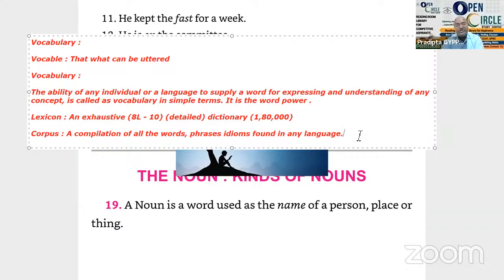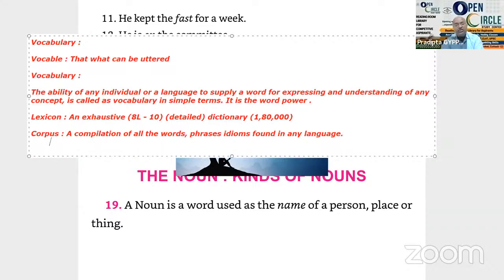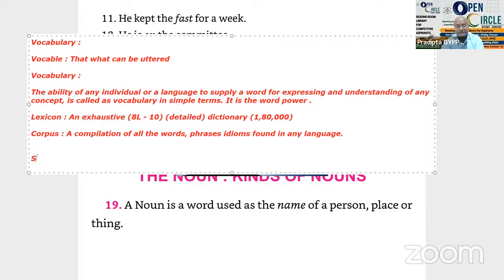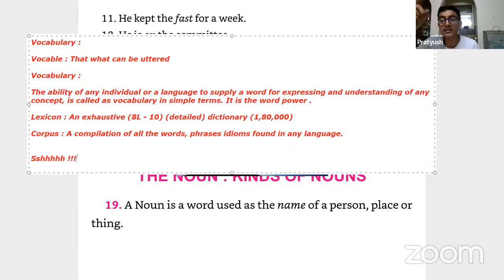Suppose, Pratyush, I write a group of letters: Shh. Does it have a meaning? No, sir, but this expresses a feeling that you should be quiet. You understand, right? This has a meaning that you should be quiet. Is it a word?